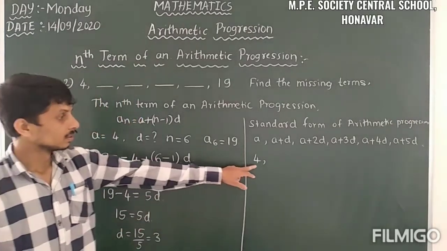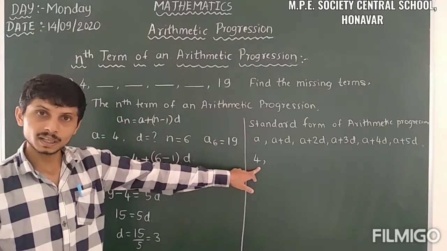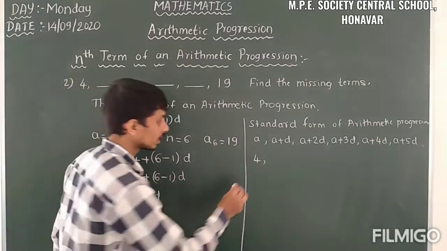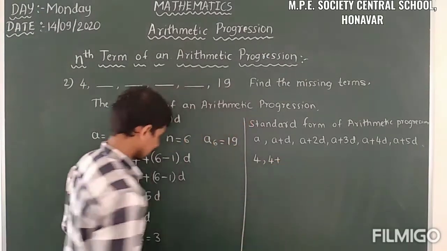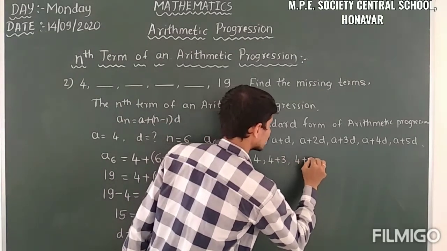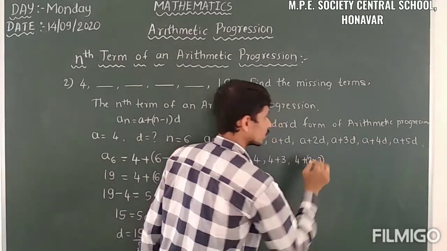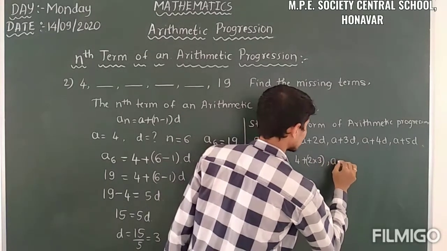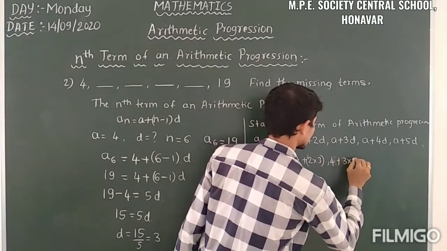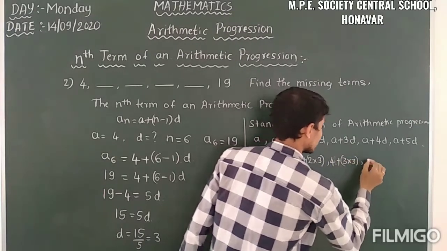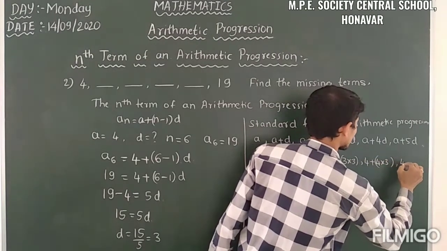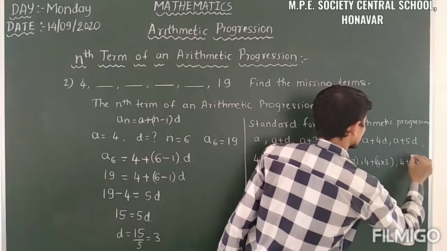Then we know the value of a, so we have to substitute all the values of a and d. The value of d is 3. So 4, 4 plus 3, 4 plus 2 into 3, 4 plus 3 into 3, 4 plus 4 into 3 and 4 plus 5 into 3.